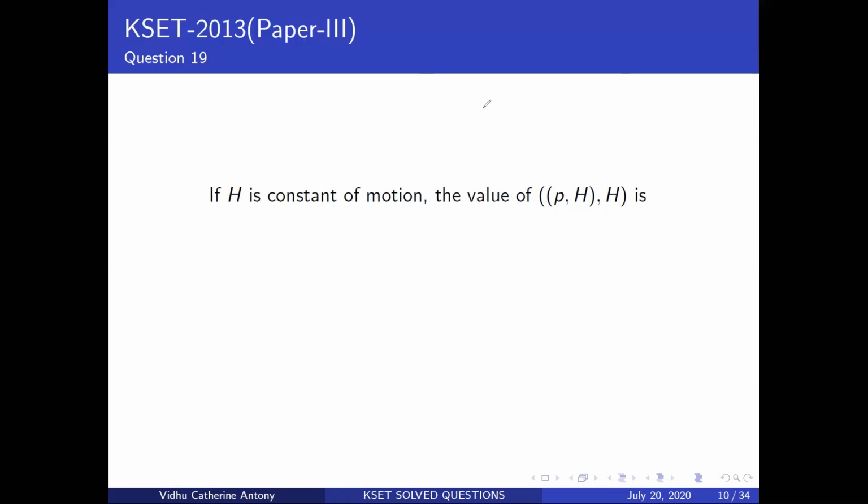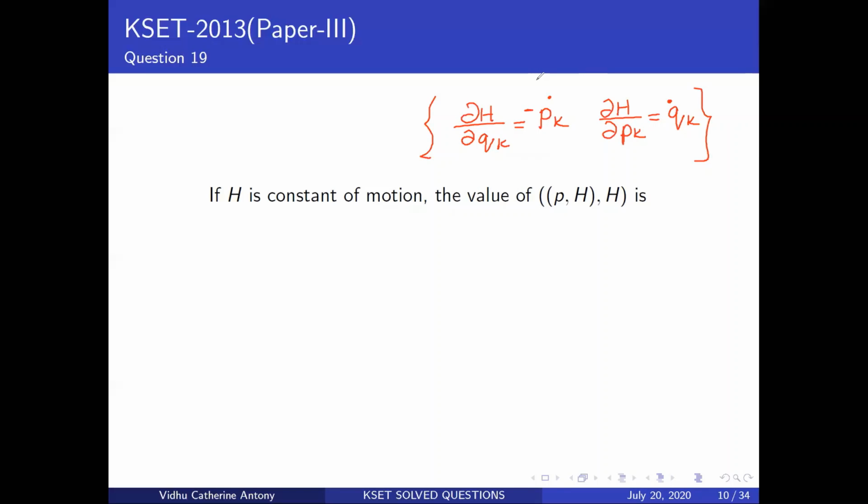You have dou H divided by dou q_k is equal to minus p_k dot, and dou H divided by dou p_k is equal to q_k dot. Okay, so these are Hamilton's equations of motion. So if H is a constant of motion, the value of {p, H}, this is your Poisson bracket, is what?